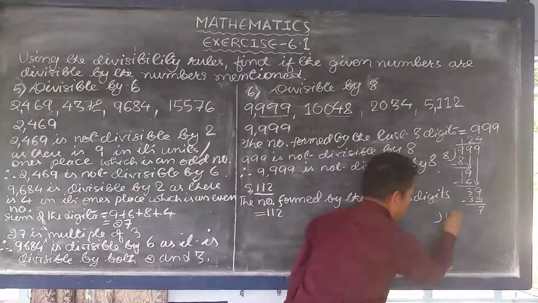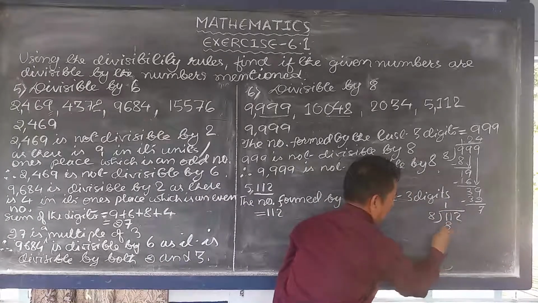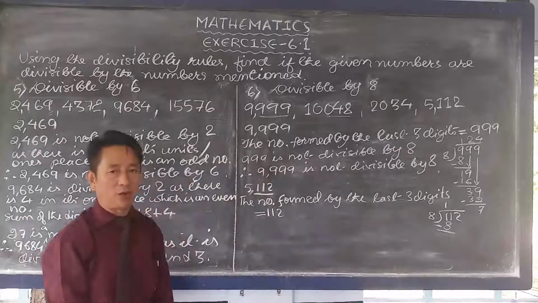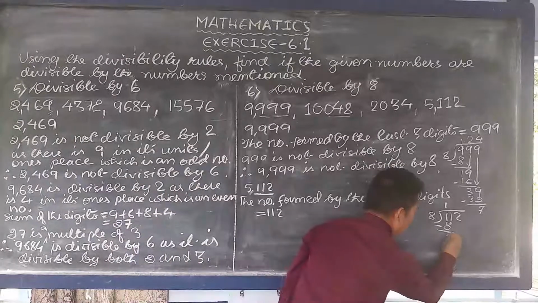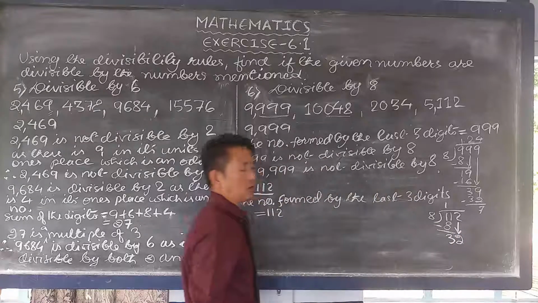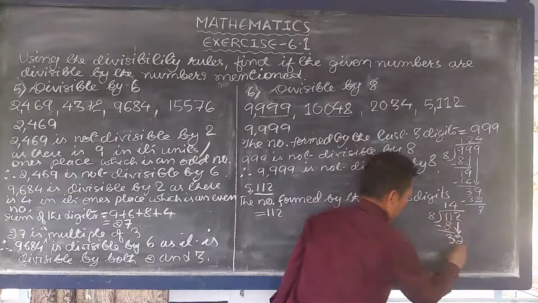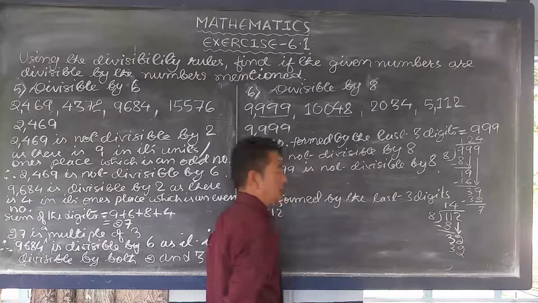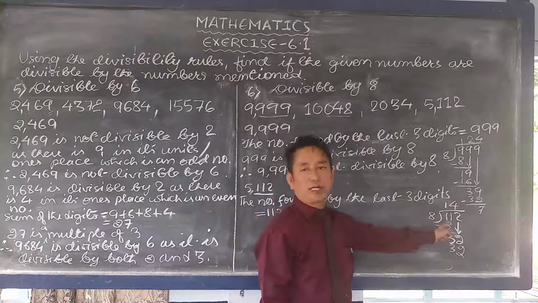Here 112. 8 ones are 8. Now subtract this 8 from 11. 9, 10, 11. 3 left. Now we'll bring this 2 down here. Now divide 32. 8 fours are 32. As you can see here, the number formed by the last 3 digits is 112.